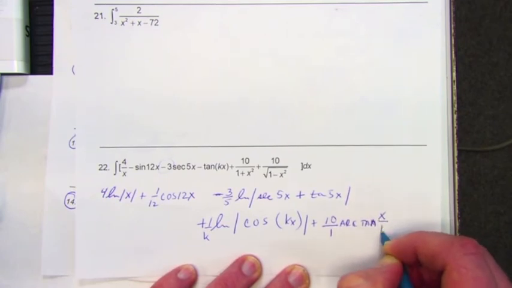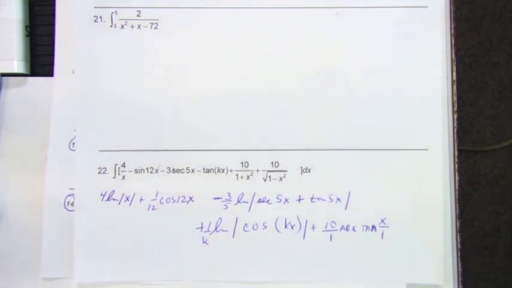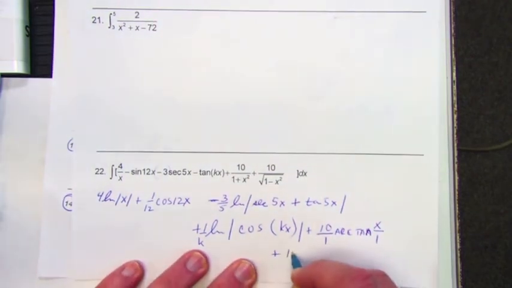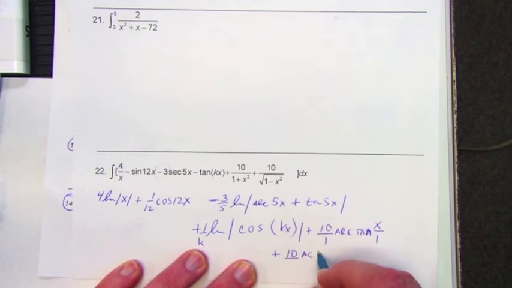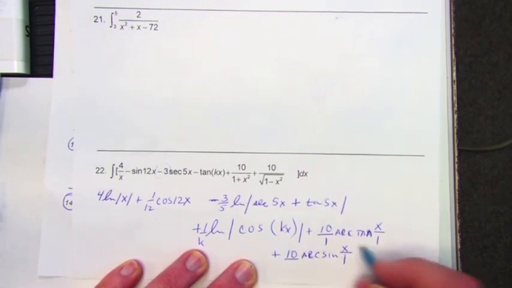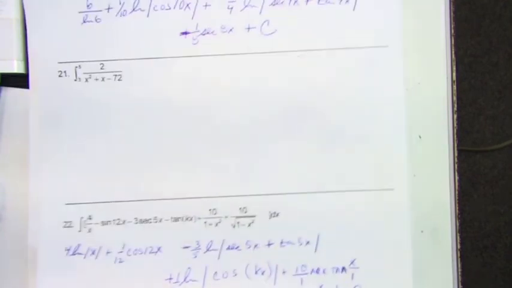Of x over 1. Anything else? No. What's the next one? Last one. So it's 10 over, there's no 1 over a out front. Arc sine of what? X over 1. Now it's plus what? C.